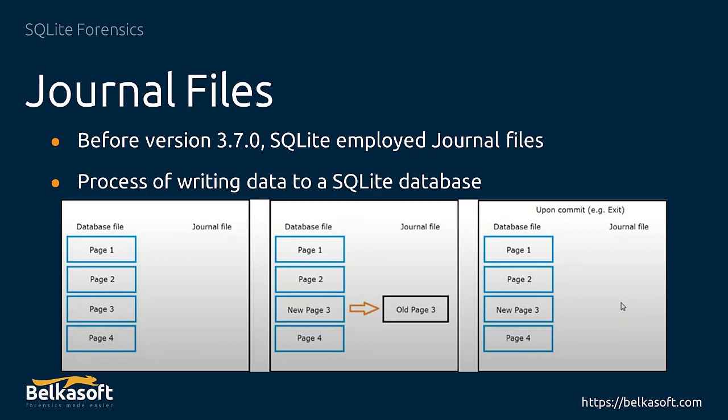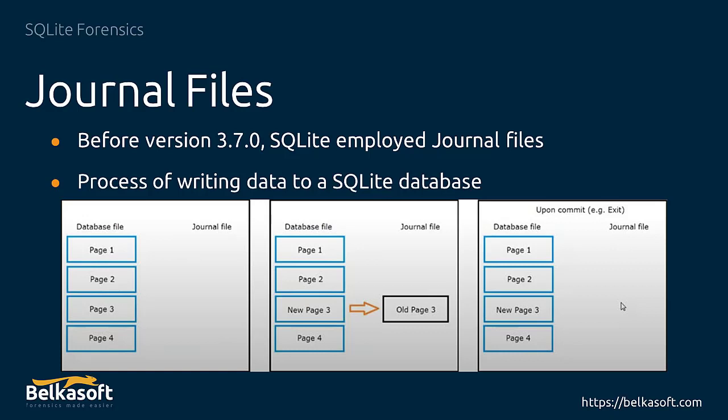So first, imagine you have a database file with 4 pages. Here in the picture on the screen, we can see that the journal file is empty. Then a new record goes into the database file, and page 3 is updated during this operation. Now, the old page should be remembered in order to perform a rollback in case it's necessary.